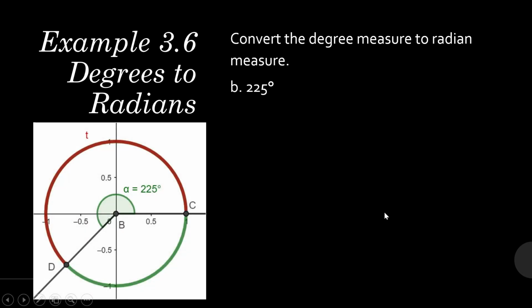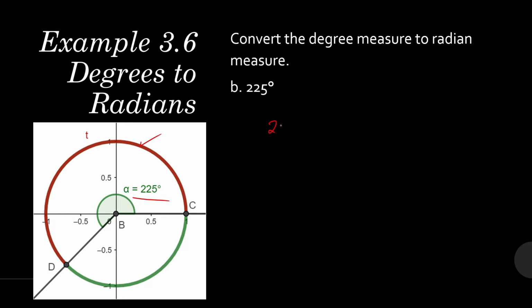So where is that? 225 degrees, okay, so that is 180 degrees plus 45 degrees. So that will fall in your third quadrant. So this is our angle with a degree measure of 225 degrees. The radian measure of this angle is the length of our arc t. What is the length of that arc? Again, we will set up our equation. And this one uses the properties of direct proportions.